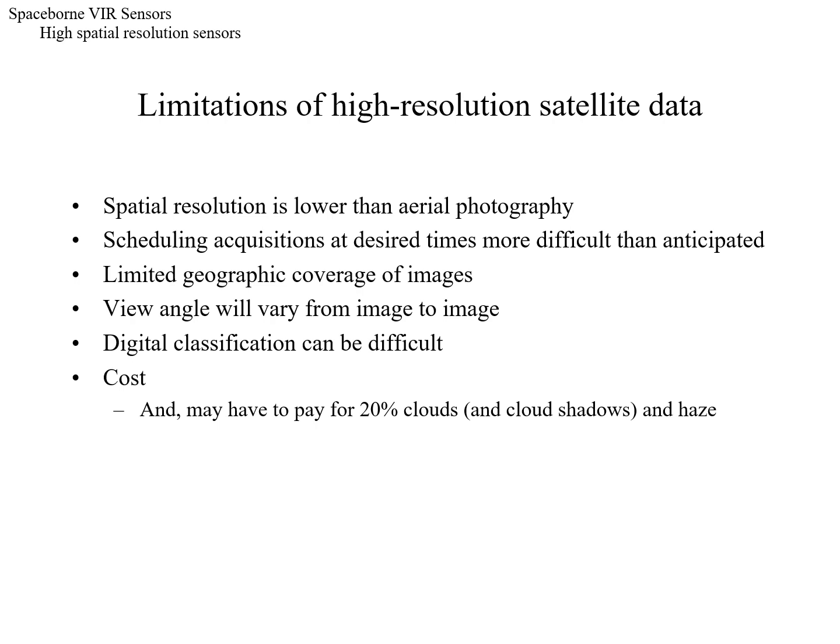And finally, cost. I mean, it's a lot of money, it's thousands of dollars, and their criteria for a successful image is 20% cloud cover or less. So you may collect an image over an area, your particular area of interest might be covered with clouds, and they'll say, hey, it's less than 20% clouds, and so you need to pay for it, which doesn't do you very much good.